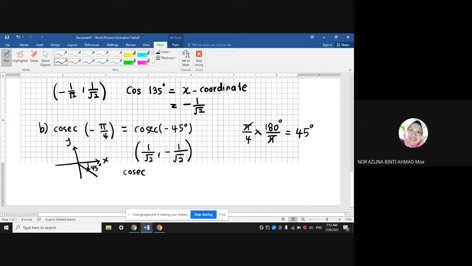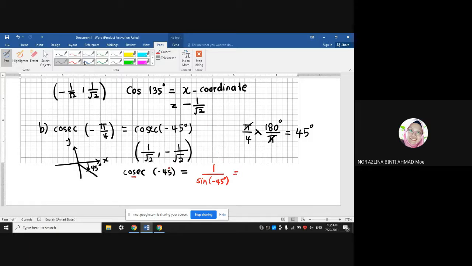Cosecant negative 45 equals, this is cosecant. So 1 over sin. Cosecant is 1 over sin, 1 over sin negative 45. Okay.